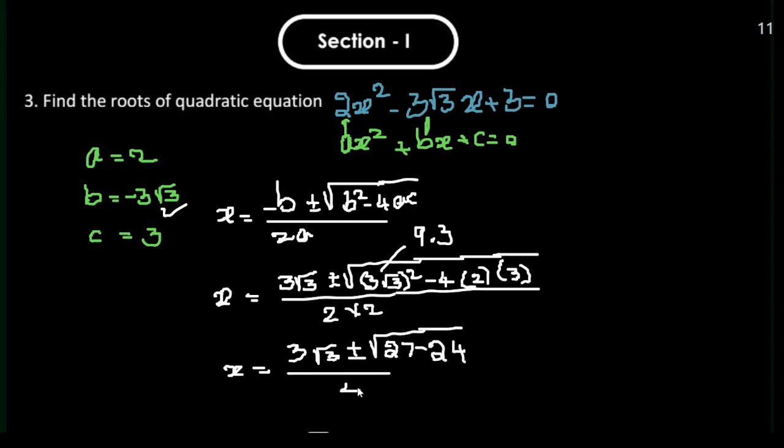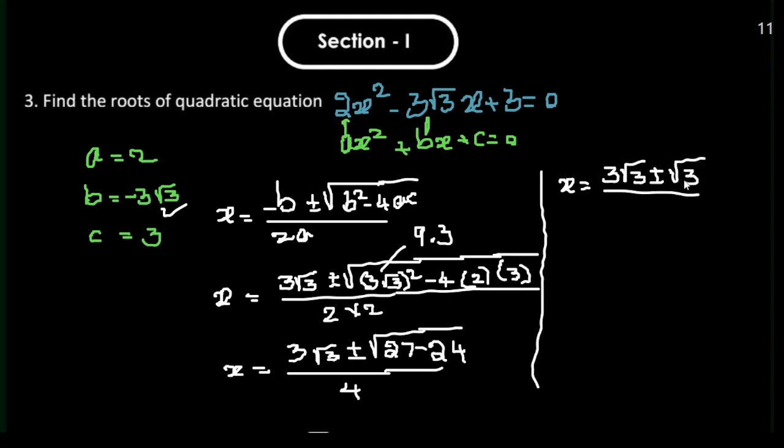Got it? By 4. Fine. So here if you simplify this root term, then what happens? Okay, we'll do here. So x is equal to 3 root 3 plus or minus, here it is 27 minus 24, it is nothing but 3 by 4.